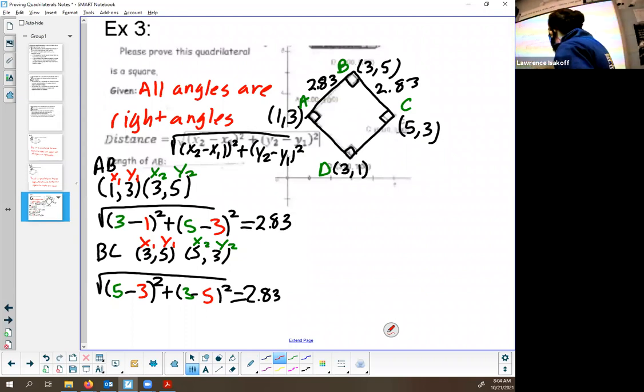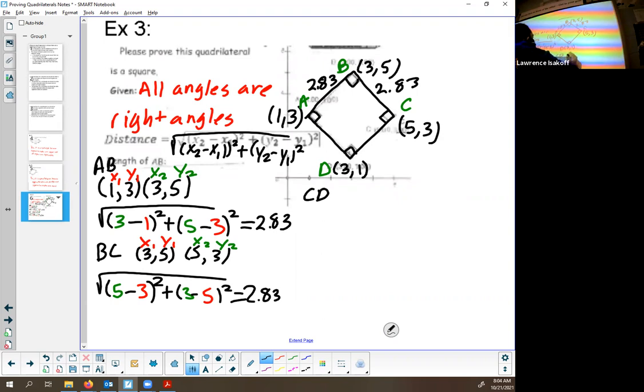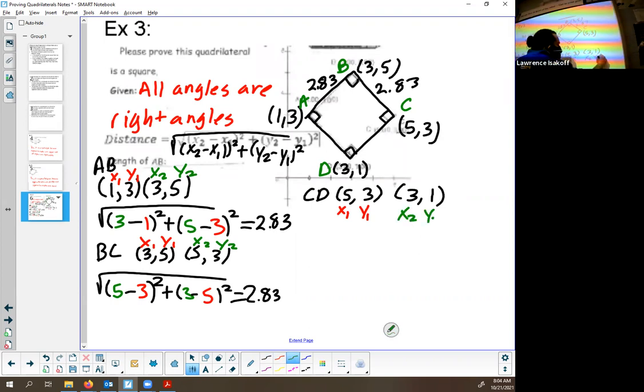Okay, so I did AB, BC. Let's go on to CD. CD says I have the point 5, 3, and the point 3, 1. So again, this is X1, Y1, X2, Y2. So let's start plugging in.